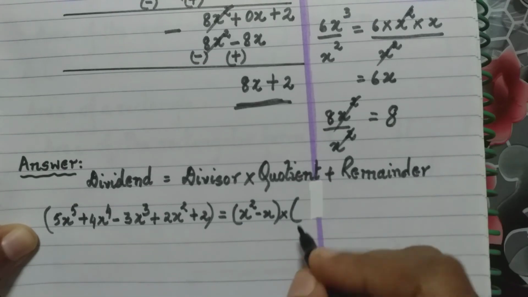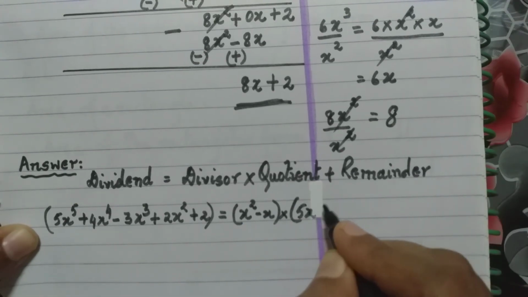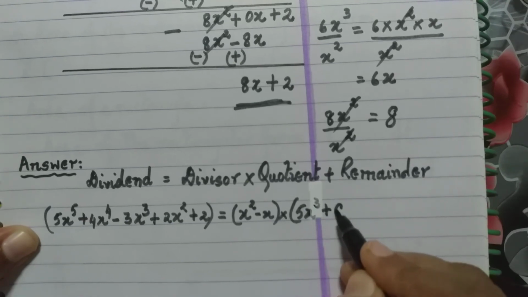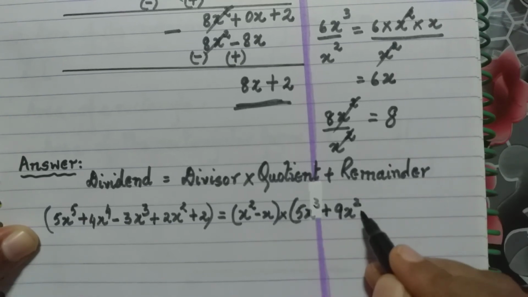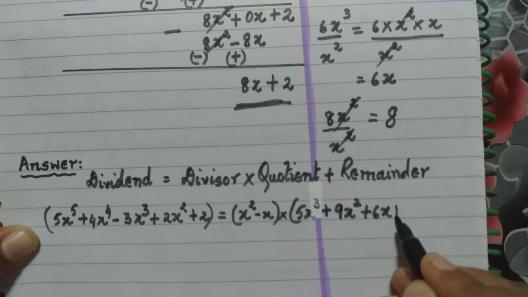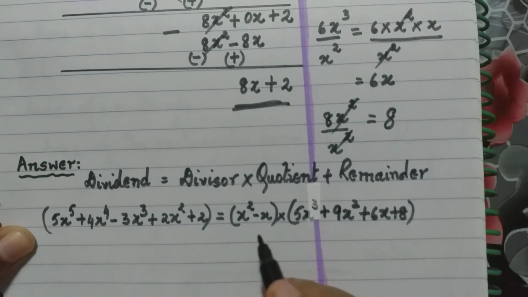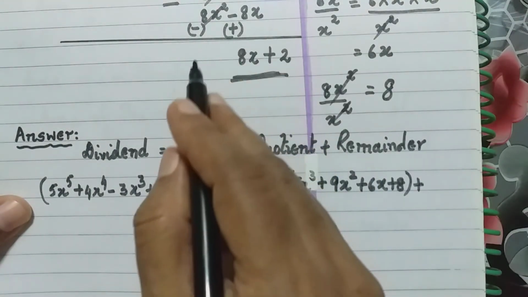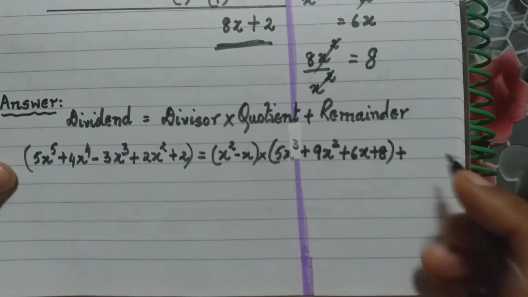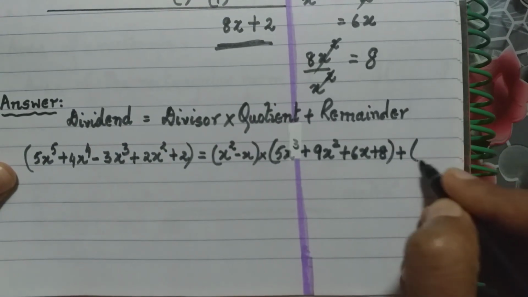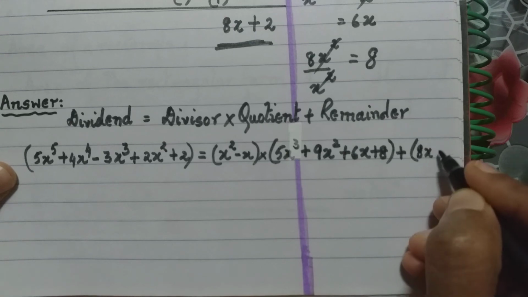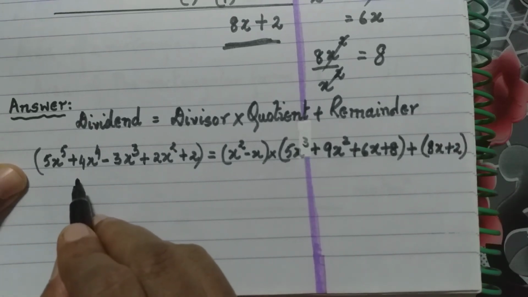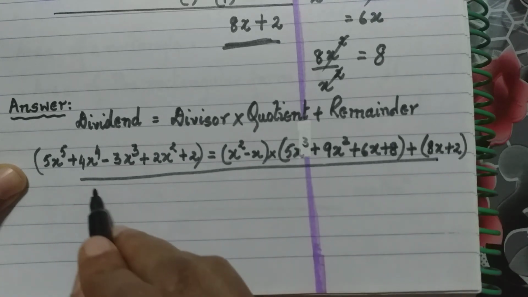So I'll write here 5x cube plus 9x square plus 6x plus 8. So this is the divisor, this is the quotient, plus the remainder. What was the remainder? 8x plus 2. So I write here 8x plus 2. So this will be the final answer.